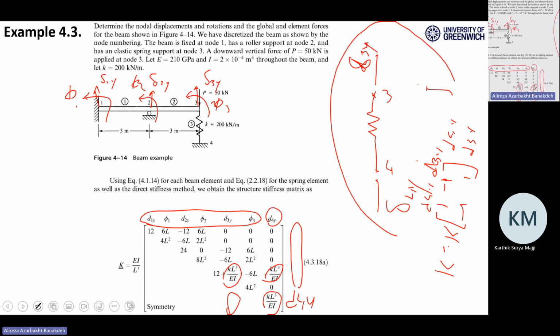So the question is, we had K, 1, minus 1, minus 1, 1. It is only K. Why do I see KL^3 over EI in the matrix? Why is that?